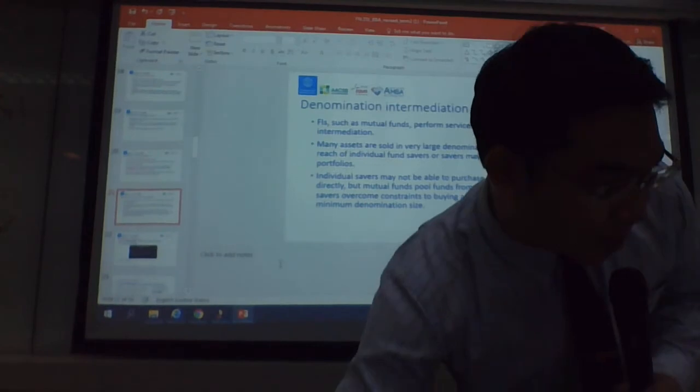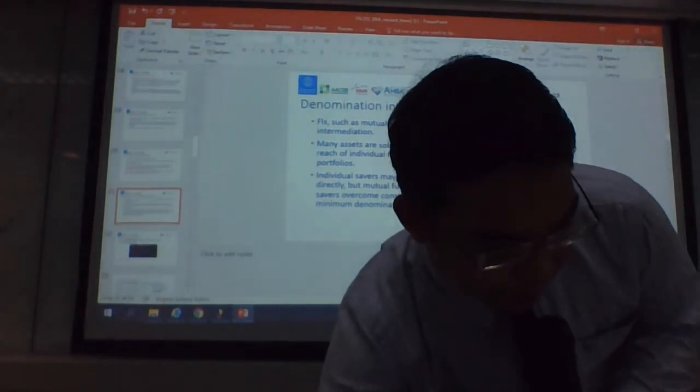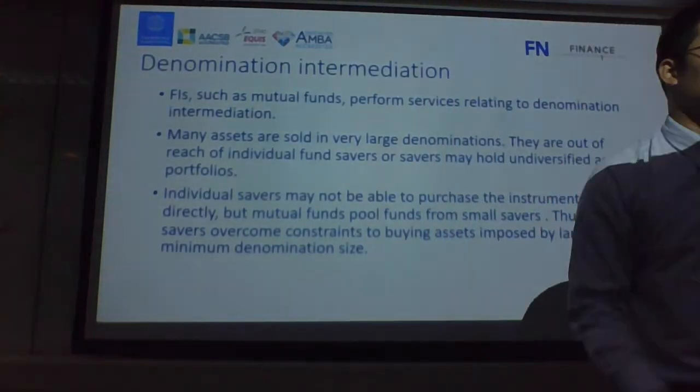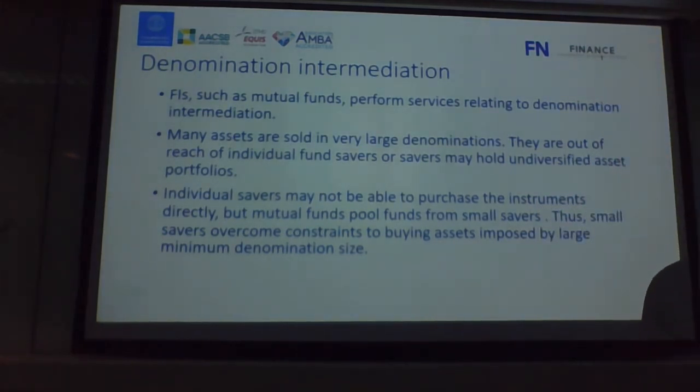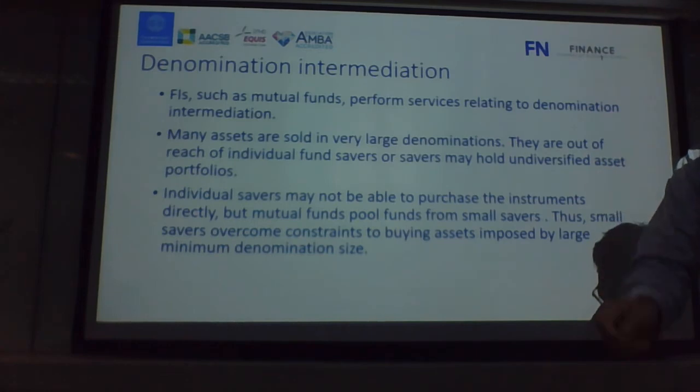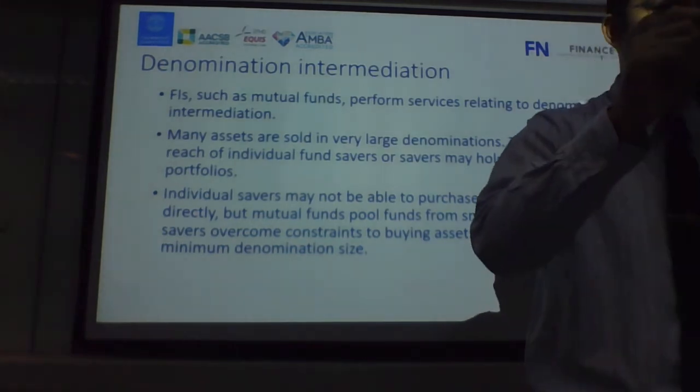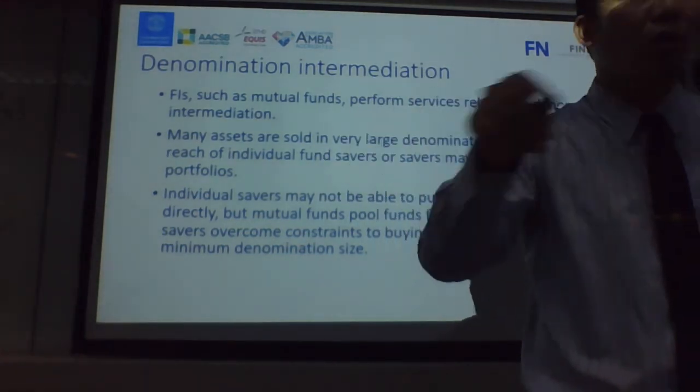However, the financial institution helps you. Suppose that you buy a unit trust or you invest in a mutual fund. The mutual fund will pool the money all together, and then use that money to invest in different types of assets all around the world.